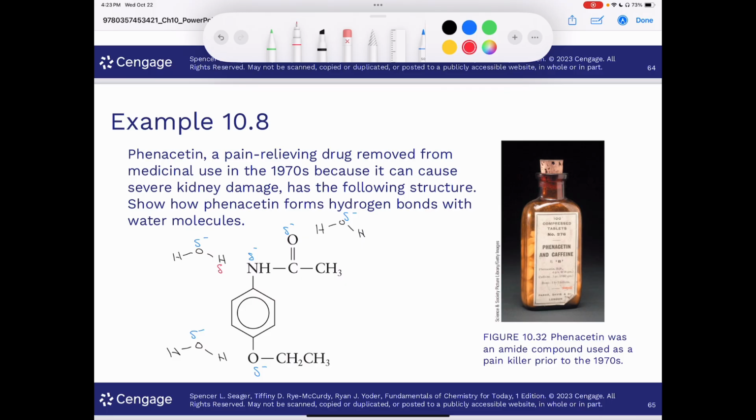But we know that the hydrogen in our water molecule is delta positive, as is this one, as is this one. And so the hydrogen bond would be a dashed line here, or we could put one here, or we could put one here. Now, there's more hydrogen bonds that we could show, and I know the textbook probably has a different way of answering it, but this is perfectly fine to show our hydrogen bonds between water and the phenacetin molecule.